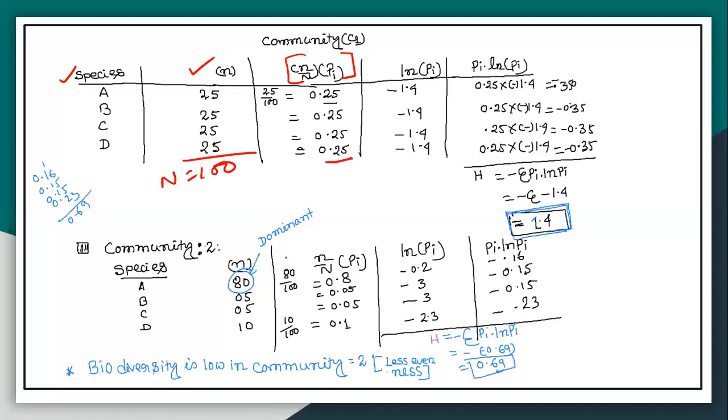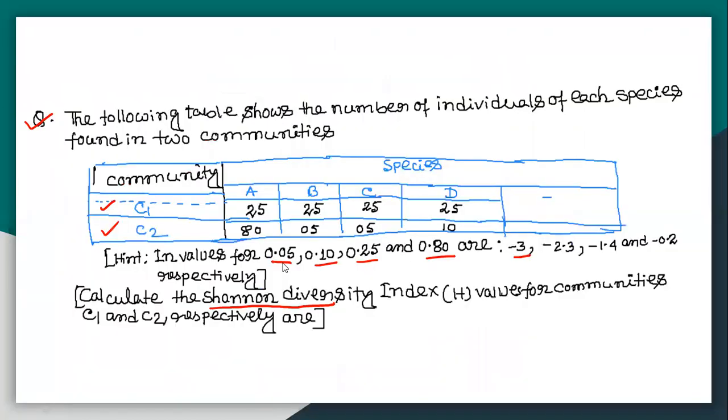So for 0.25, the value of ln pi is given, that is minus 1.4. We just write minus 1.4 here.